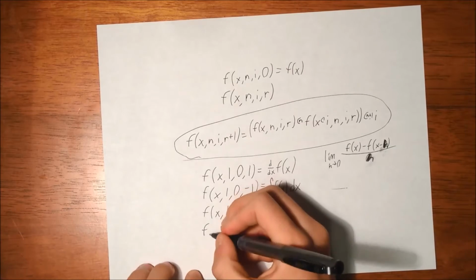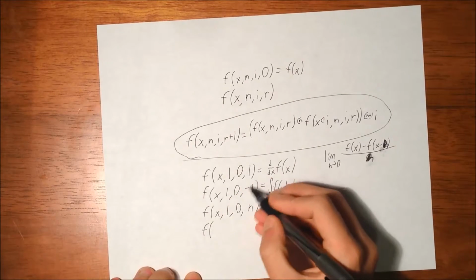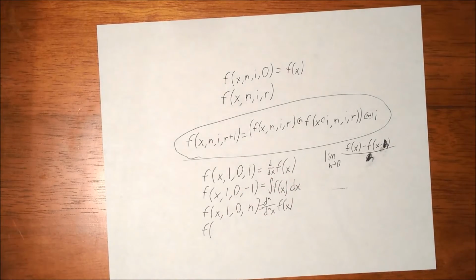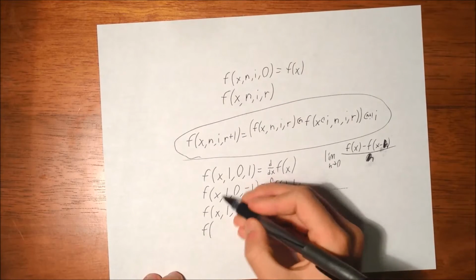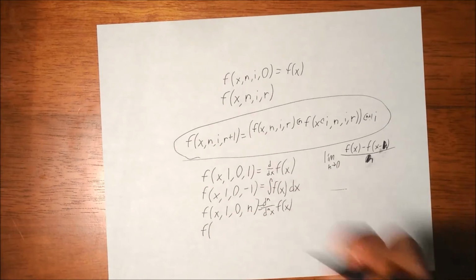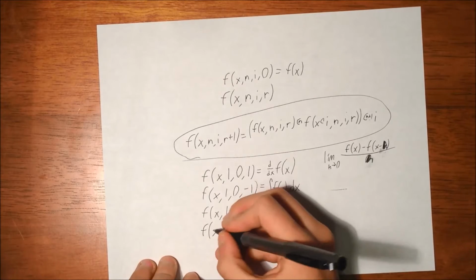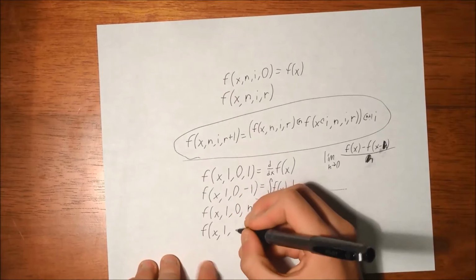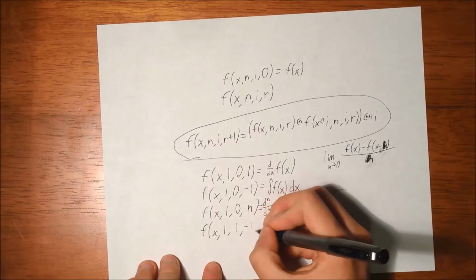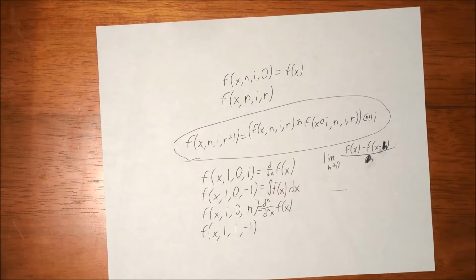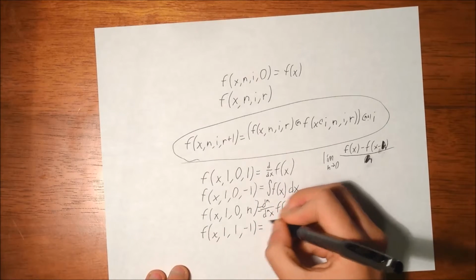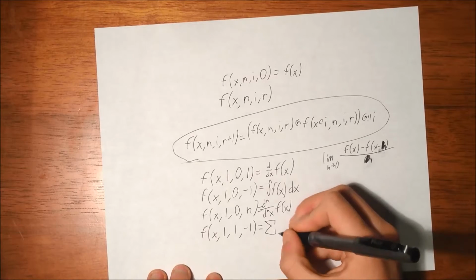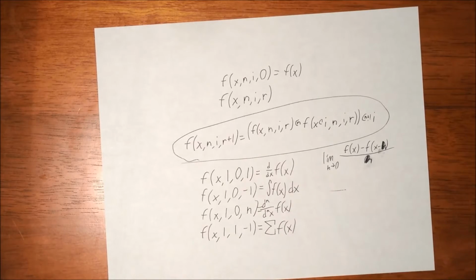But what if the number of repetitions is a negative 1, and the grade is 1, but the interval is 1 as well? So, this is equal to the indefinite summation of f of x, which is really cool.